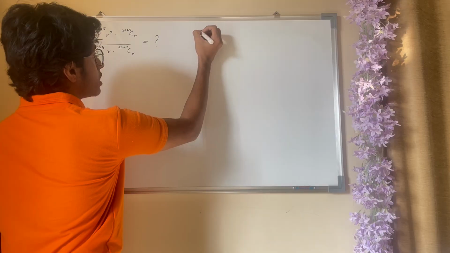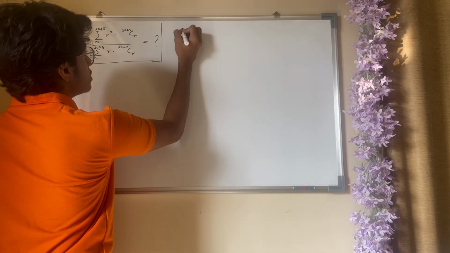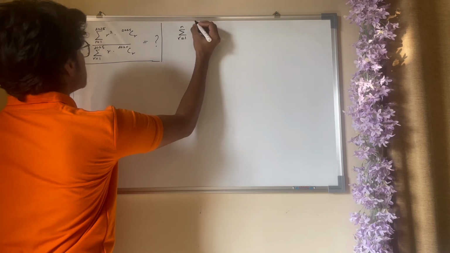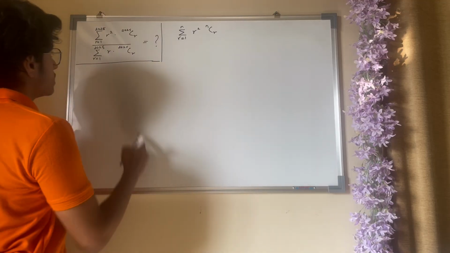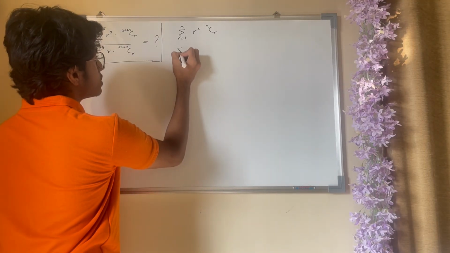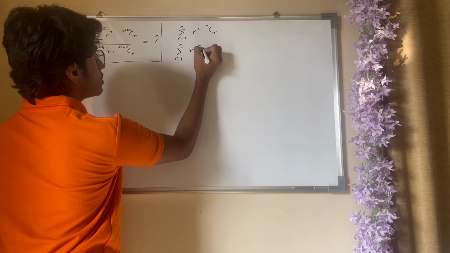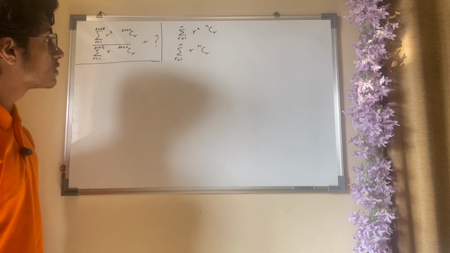The numerator can be written as sigma r equal to 1 till n of r square nCr, and the denominator can be written as sigma r equal to 1 to n of r into nCr. In this question, n is 2025.